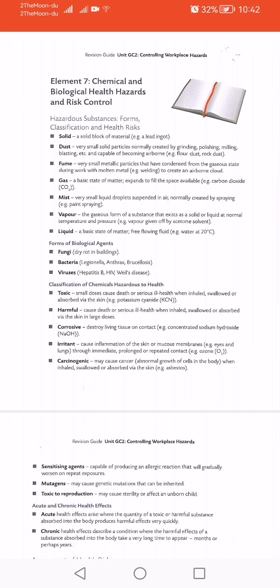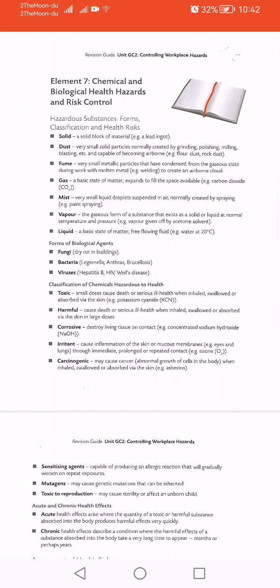Gas is also a chemical. It is a basic state of matter that expands to fill the space available, like carbon dioxide, CO2, is a chemical also.